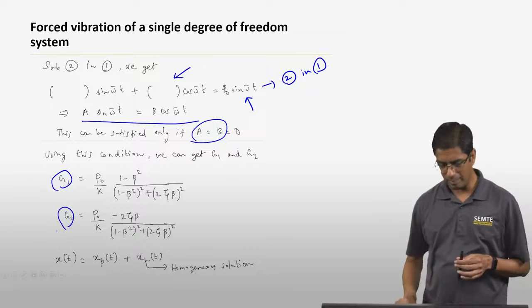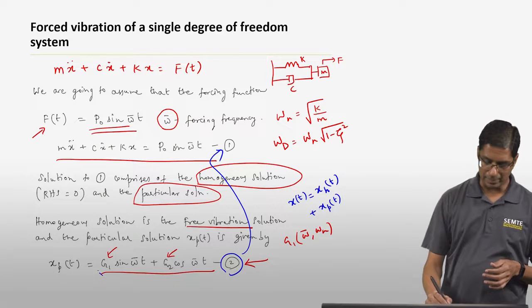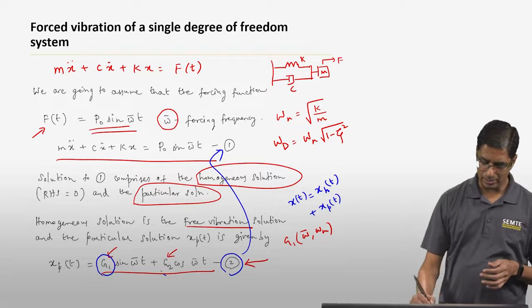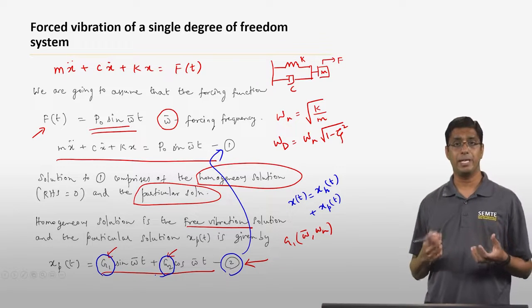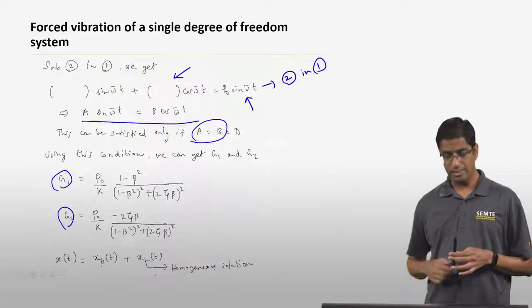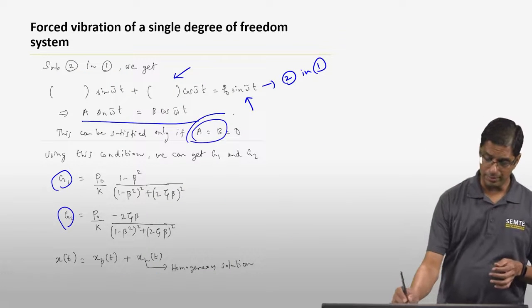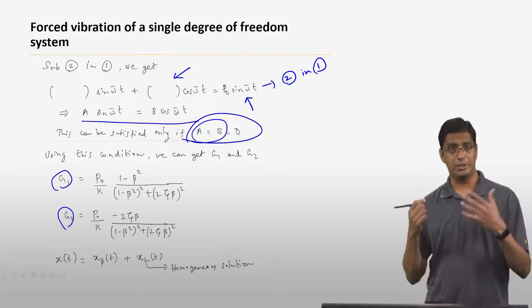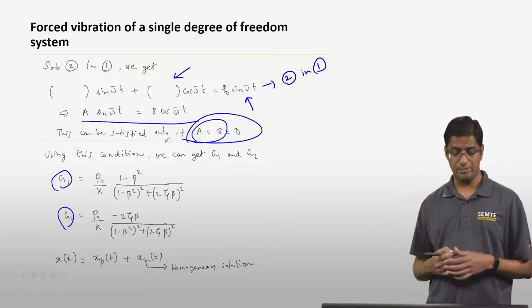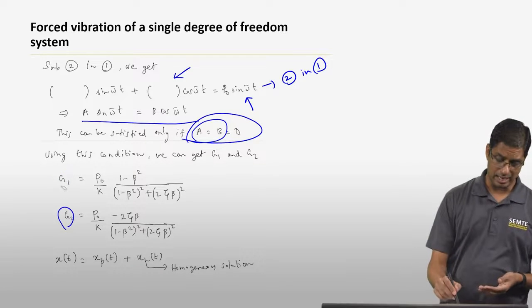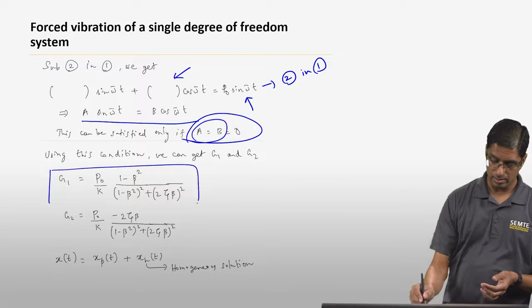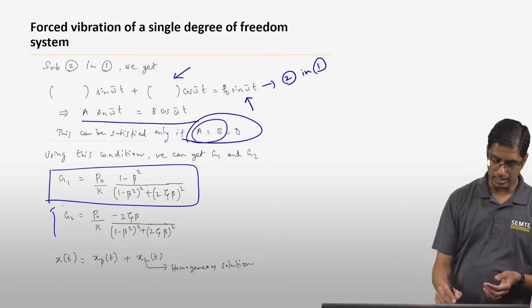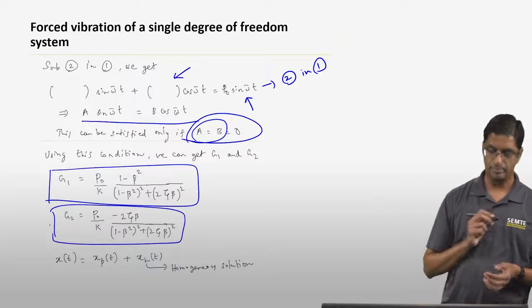Just to go back, I told you that you are going to have a particular solution that has this G1 and G2. How do you find G1 and G2? Essentially by using the fact that a and b are equal to 0. Again, you can do the math and confirm that G1 has a form like this, and G2 has a form like that.